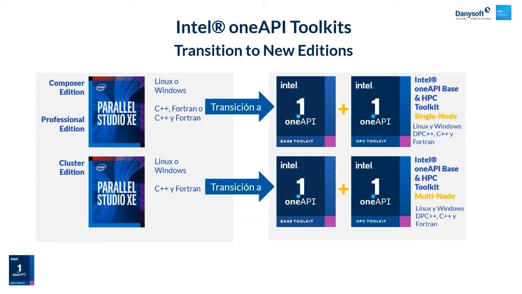The actual users of the component edition and the professional edition of Parallel Studio will do the transition to oneAPI with both toolkits. They will have access to the two toolkits, but with single node.